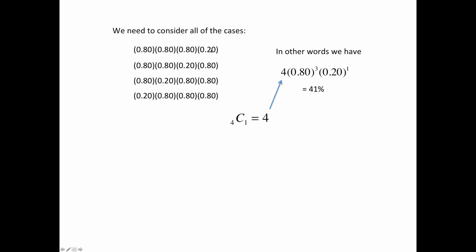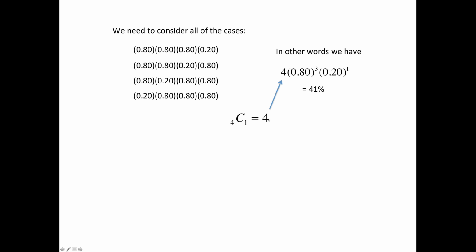Once you've chosen one of them to be the 0.20, so like here, I've chosen the 4th one to be the 0.20, then I know the other ones have to be 0.80. So that's what this part is doing. So that we don't have to list all of the cases, we're going to be using combinations.